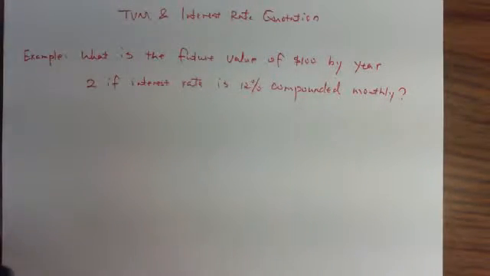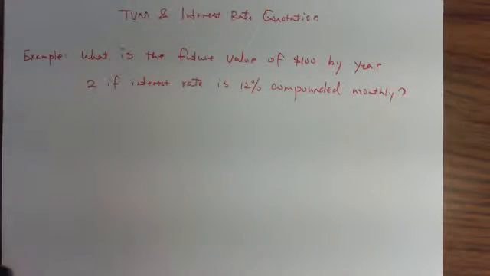In this video, I want to talk about the impact of interest rate quotation on time value of money calculation. In this example, we want to compute the future value of $100 by the end of year 2 if the interest rate is quoted as 12% compounded monthly.